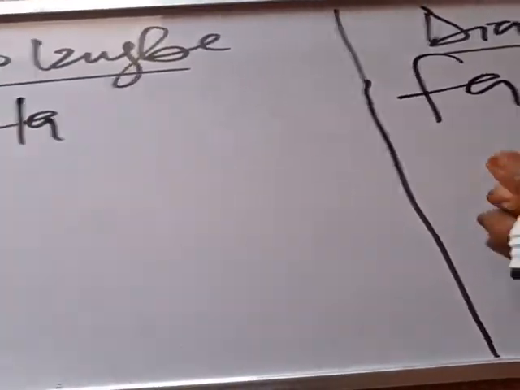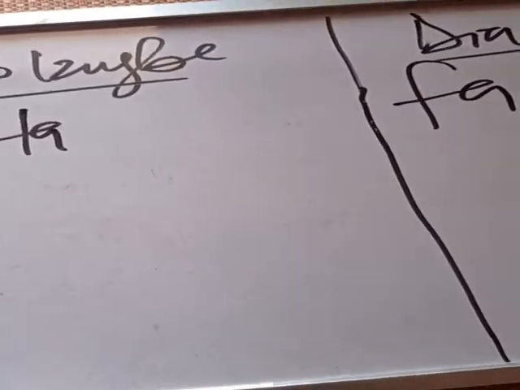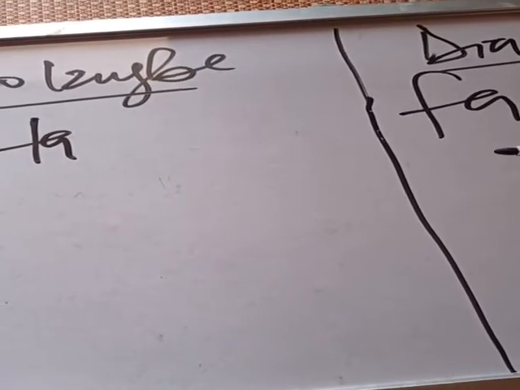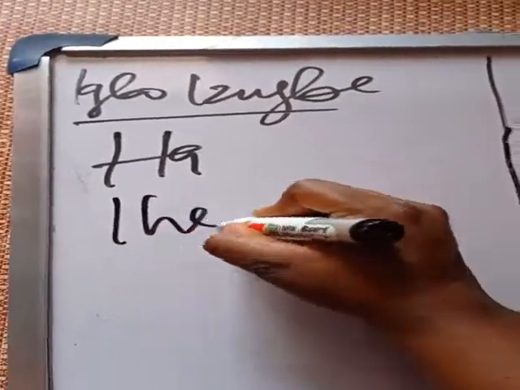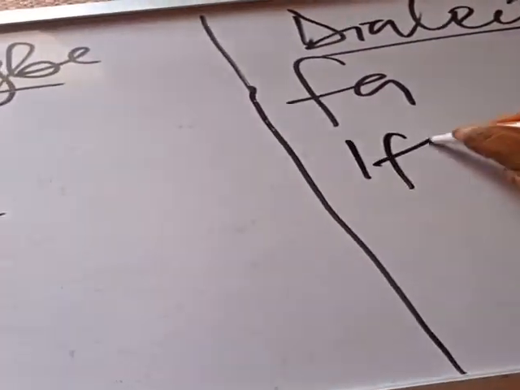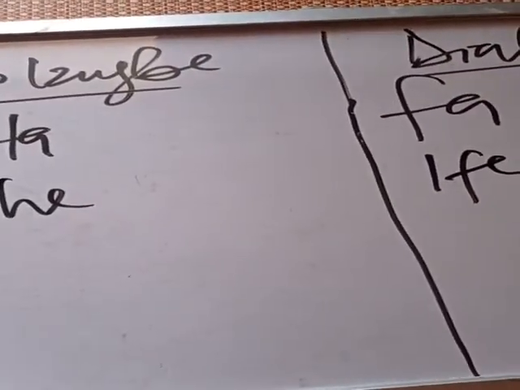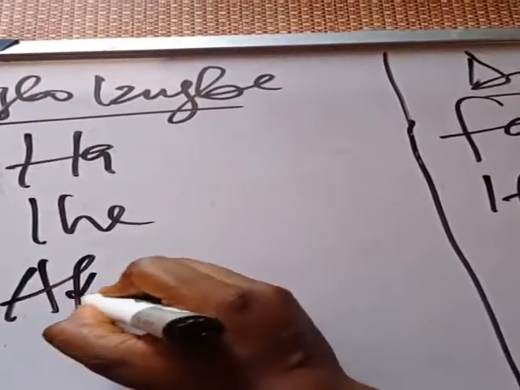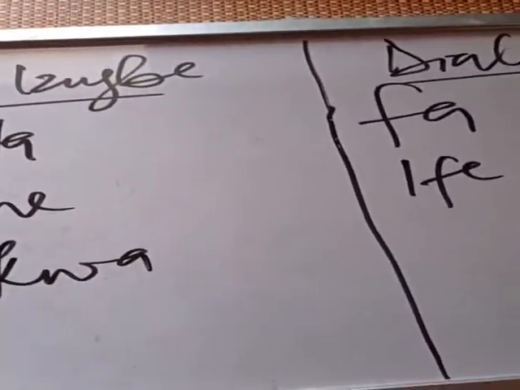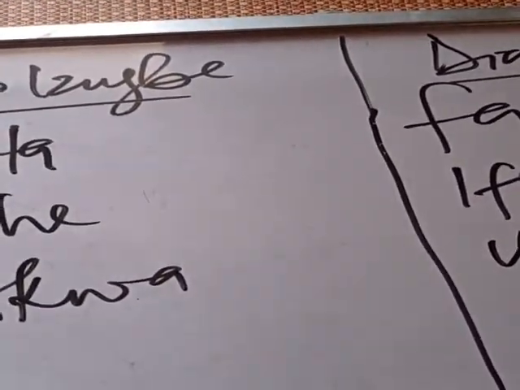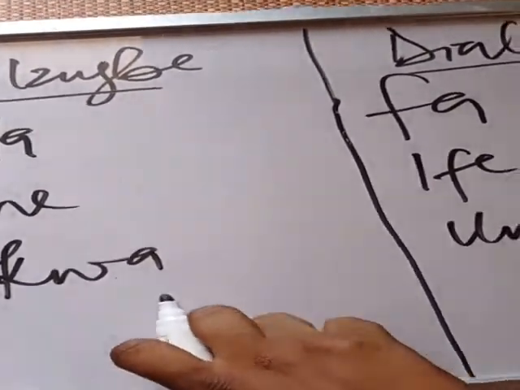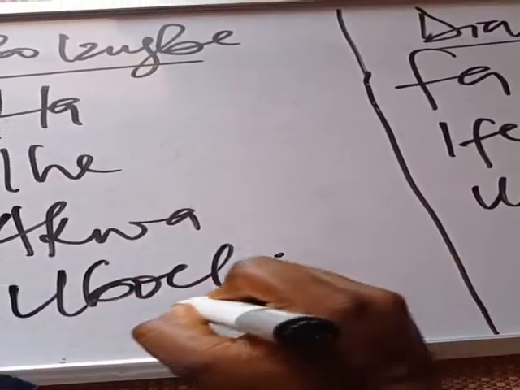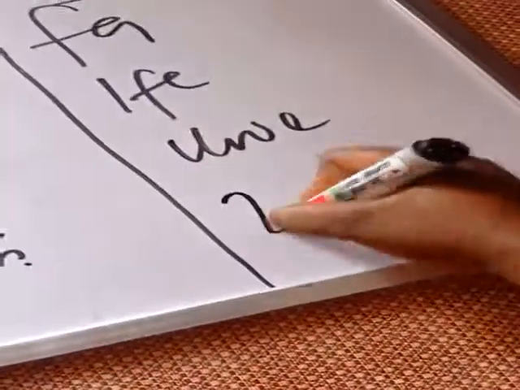Onitsha dialects, most Anambra dialects, say fa. So ihe, ife, akwa, uwe, ụbọchị.